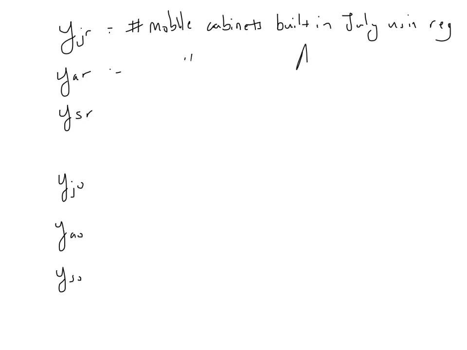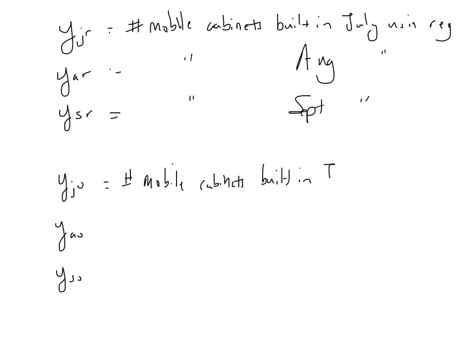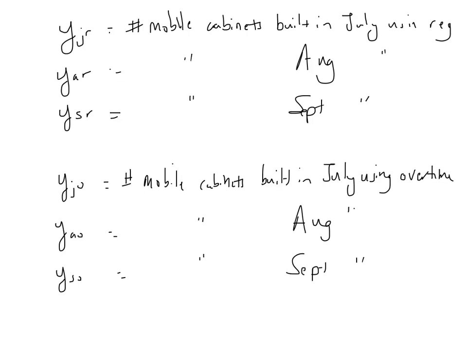This is August, and this is September. And then we have number of mobile cabinets built in July using overtime. And then we have August and September for mobile home cabinets using overtime. So there's another 6, that gives us 12.